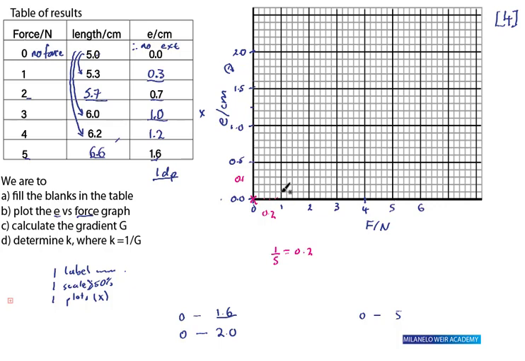So 0.1, I'm on the y-axis. 0.1, 0.2, 0.3. Good. 0.3, right? Good. So the second plot is 2 and 0.7. I'm going to 2, then 0.7.